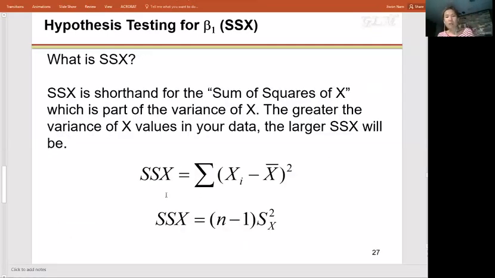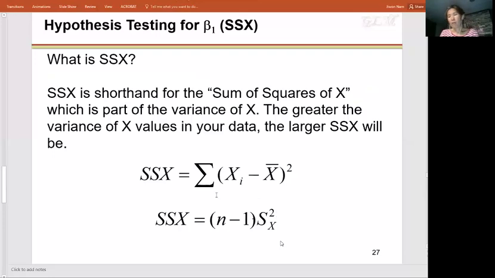SSX is the sum of squares of x. Here, x minus x bar, where x bar means the mean of x, and then squared and summed. Observed value minus x bar. SSX is n minus 1 times the variance of x.